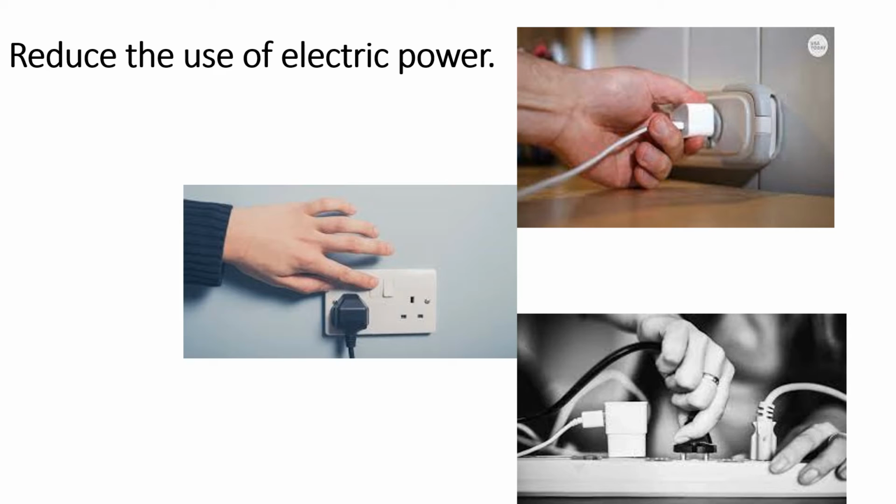At home, for example, if you're not using the television, remove the plug of the television. If we're finished charging our phone, our tablets, or our iPhones, then we must remove the charger from the plug, because in that way, we can minimize the use of electric power. Or for example, before you go to sleep, don't forget to turn off the light. That is also one way of reducing the use of electric power.